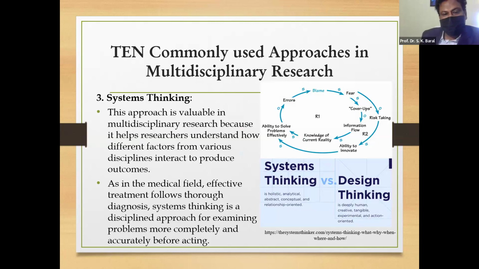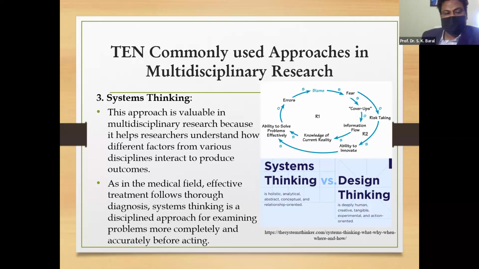So this is a very, very interesting approach for doing research. This approach is valuable in multidisciplinary research because it helps researchers understand how different factors from various disciplines interact to produce outcomes.